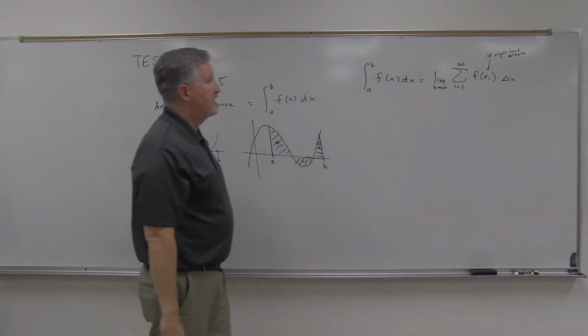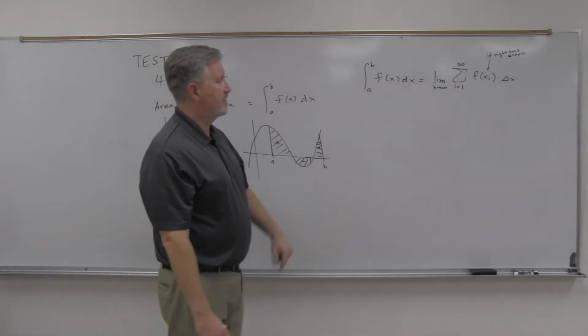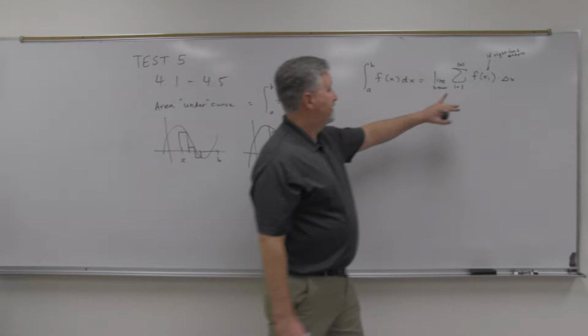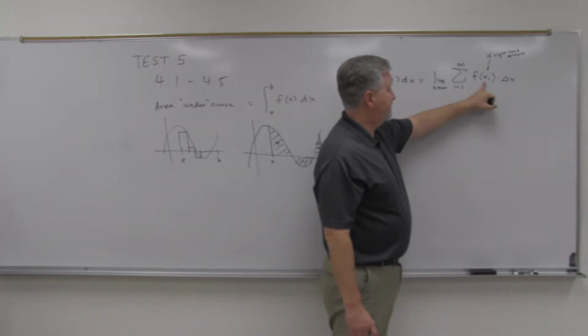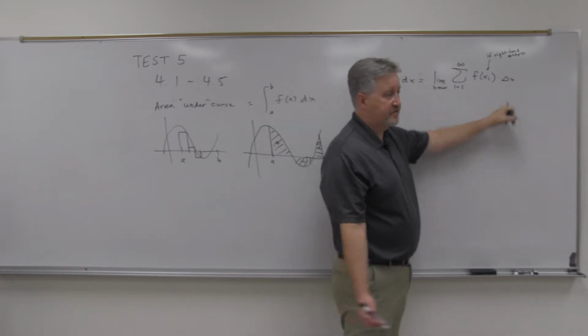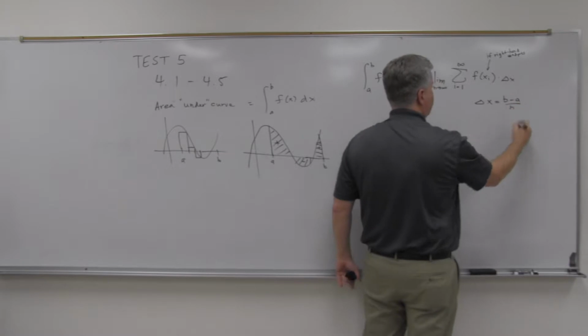But anyway, what I might have you do, we had a couple of problems in one of our assignments where you had to figure out what x sub i is. Of course, delta x is b minus a over n. You know that.